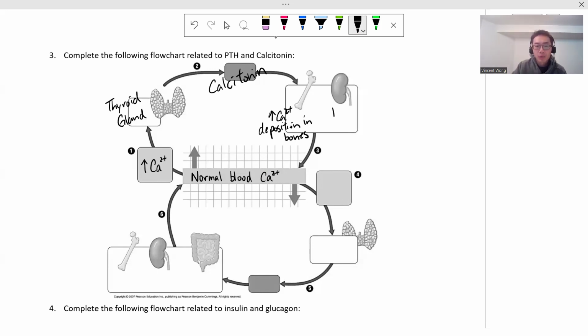And also, you're going to reduce calcium absorption in the kidney. Let them stay in the filtrate. You don't need to take them back. And together, these actions are going to bring the blood calcium level back down.